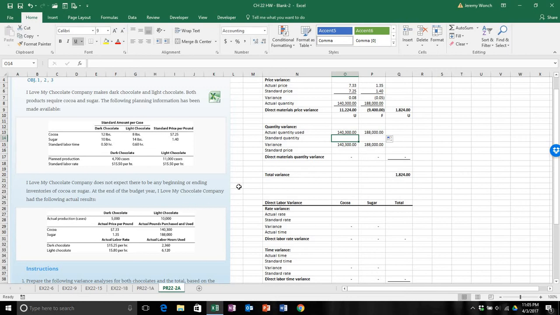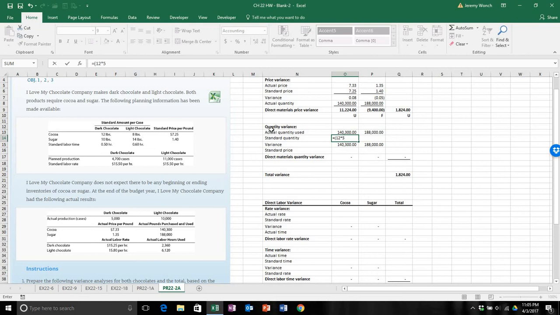And so for the standard quantity, that is going to be, for the dark chocolate, we got 12 pounds of cocoa times the actual production in this case.